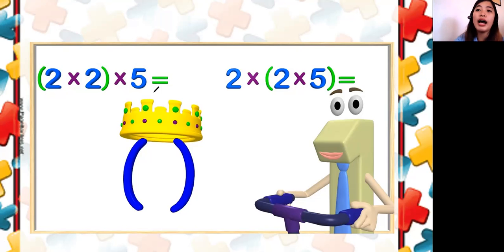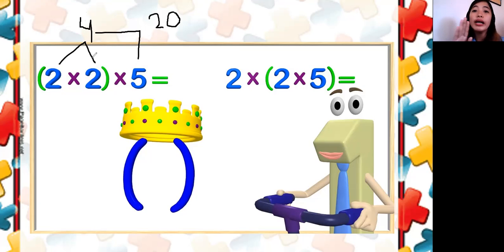So let us multiply. Kids, what is 2 times 2? Yes, that's 4. Then that's the time that you're gonna multiply it with 5. So what is 4 times 5? Yes, it's 20. So meaning to say, 2 times 2 times 5, with 2 and 2 in a group, the answer is 20.